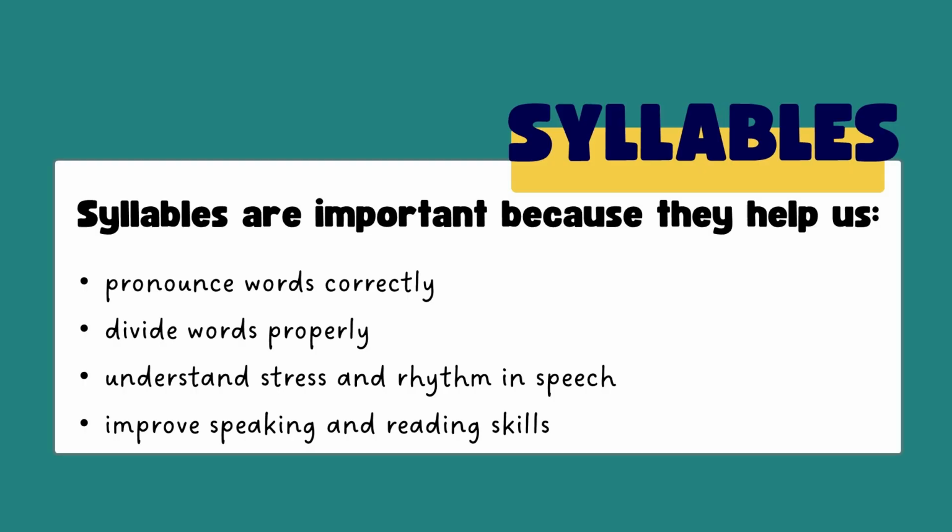If I say syllable or syllable, that sounds unnatural, right? So it's important to know which vowel to stress or to highlight whenever we speak, and that's how syllables are important. Lastly, understanding syllables also improves speaking confidence and reading fluency.